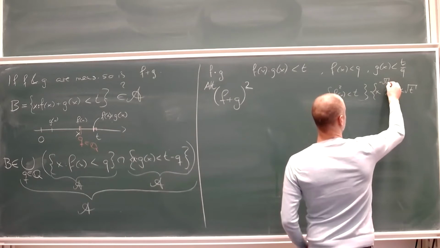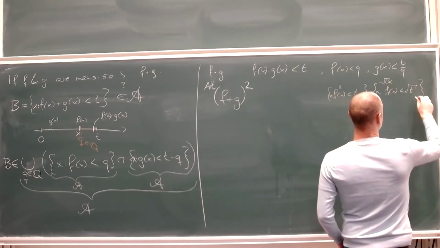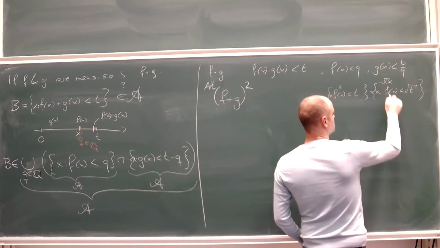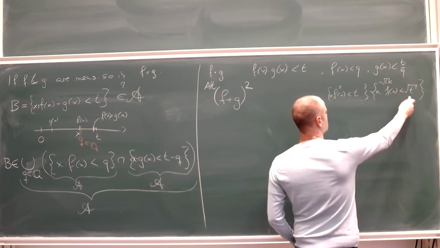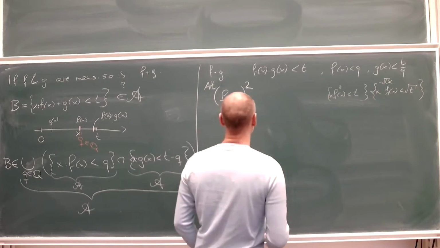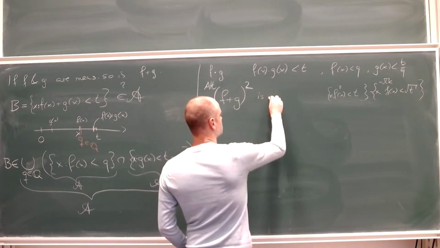There's a minus square root of t there as well. But yeah, if f is measurable, then this here is a measurable set, and then that guy is a measurable set. So that's easy to see. Okay, so this is measurable.